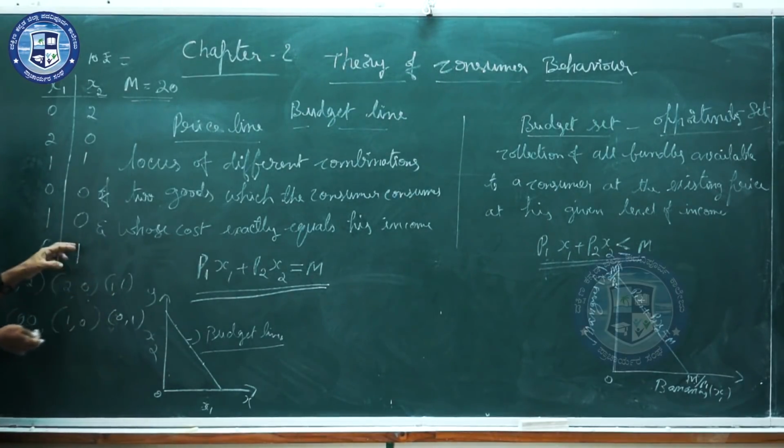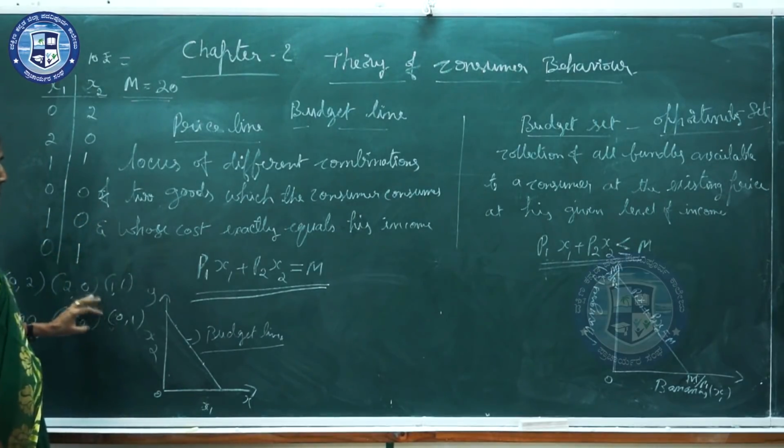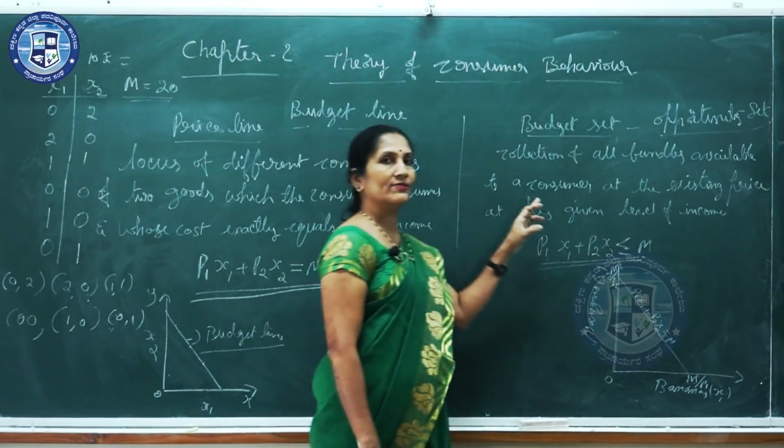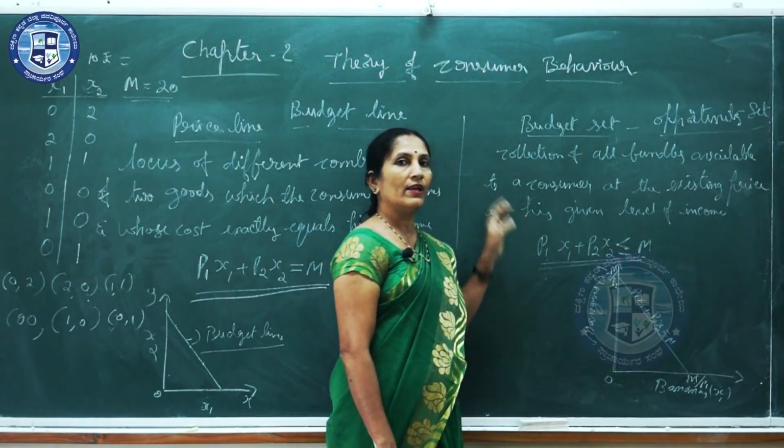That means his money income need not be equal to the cost of the goods. There are other bundles, which a consumer can purchase at his given level of income.